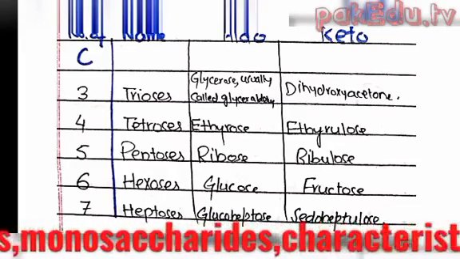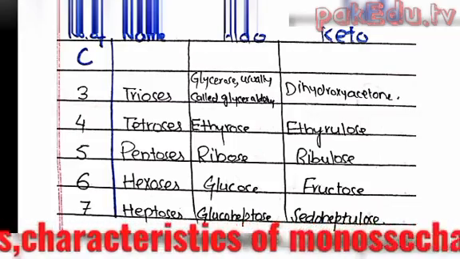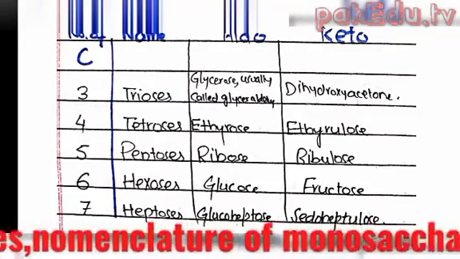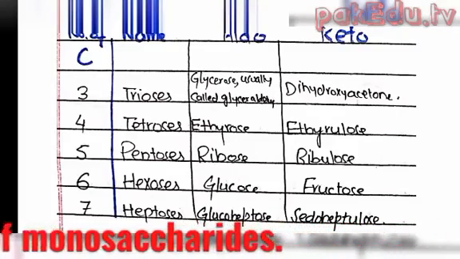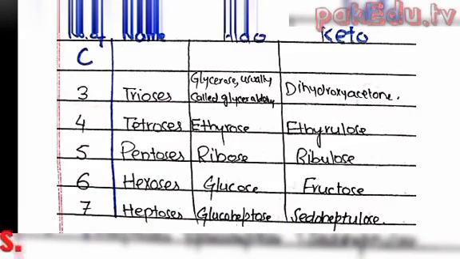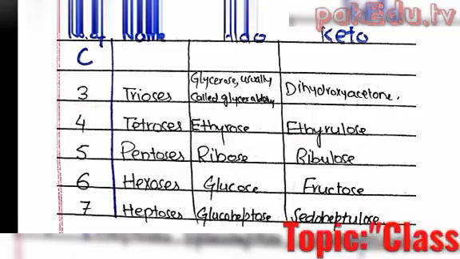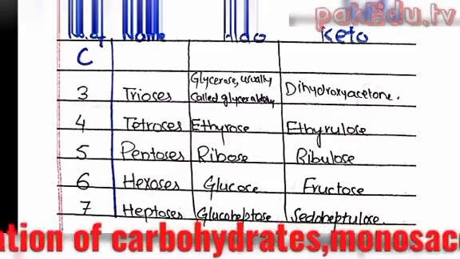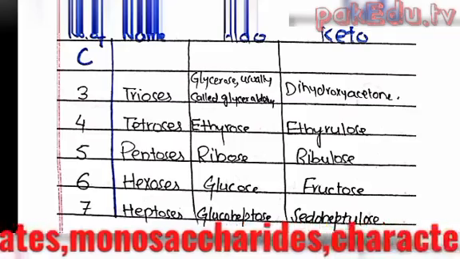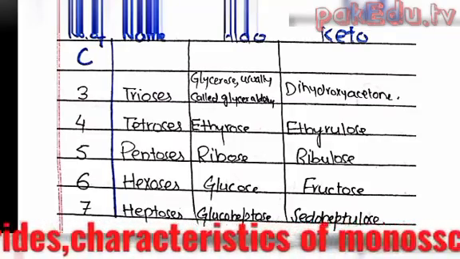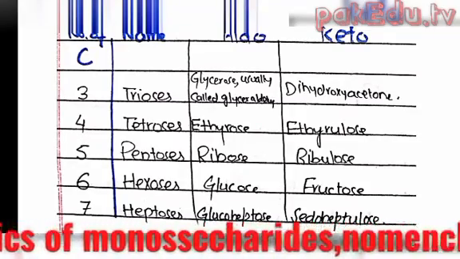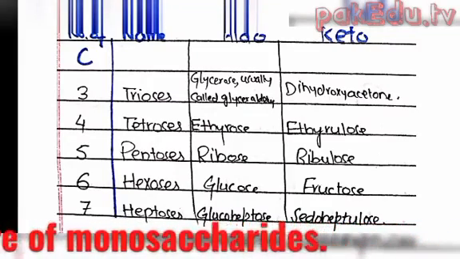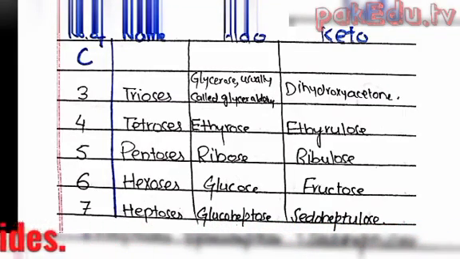The next monosaccharide is hexose. Its name for the aldo group is glucose, while that of the ketonic group is fructose. Next is heptoses. The aldo form for heptoses is glucoheptose, and the ketonic form is pseudoheptulose.